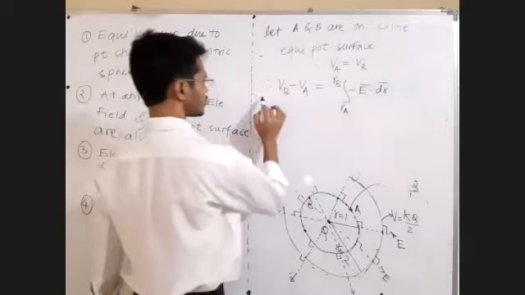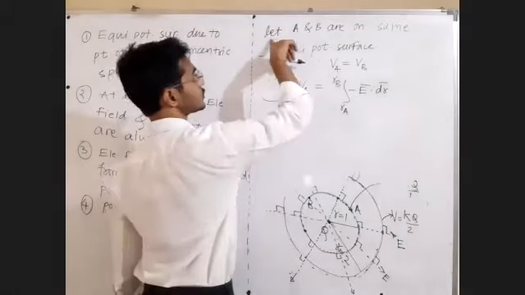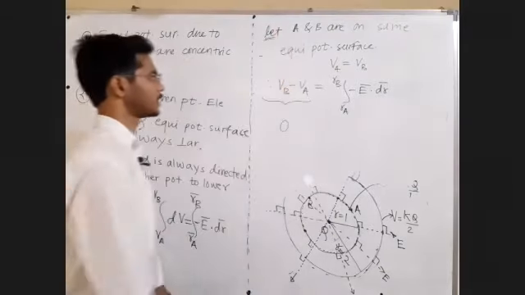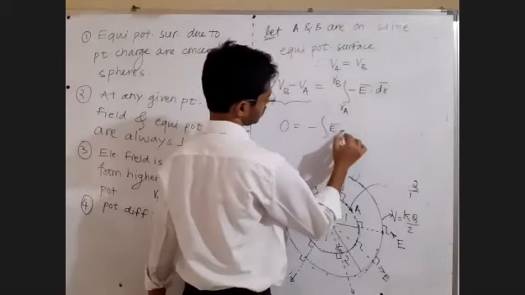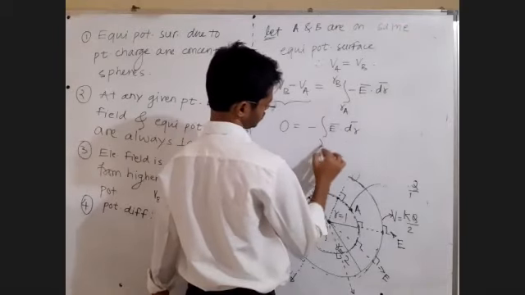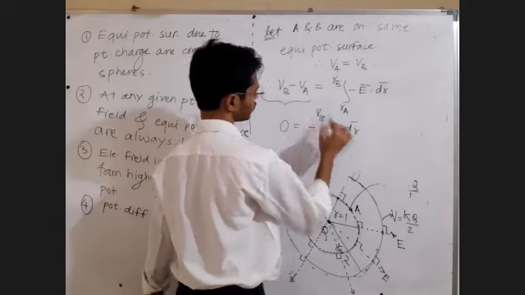This value will be equal to 0, because we have assumed it. So 0 is equal to minus integration of E bar dot dr bar, initial position vector of A, final position vector of B.